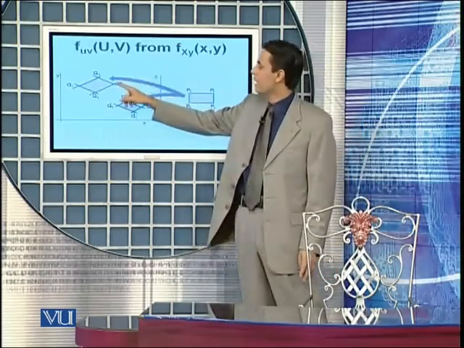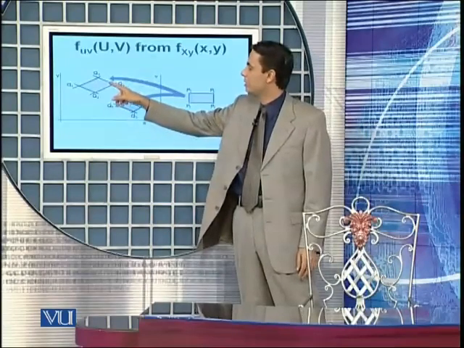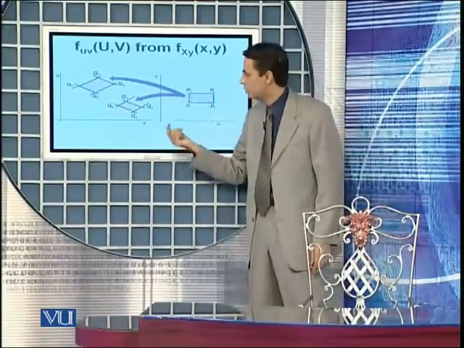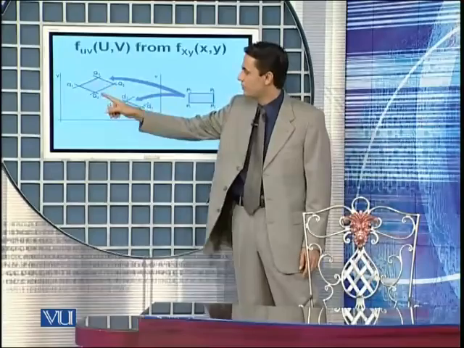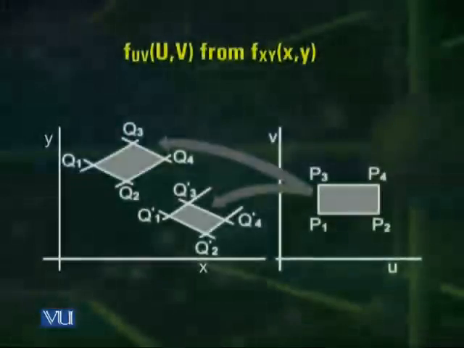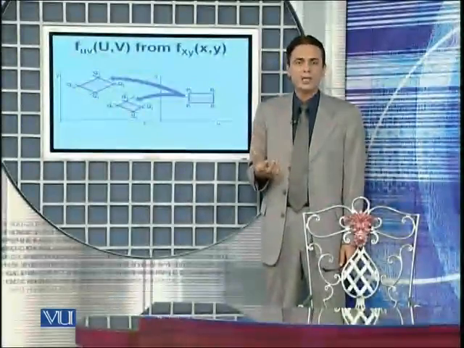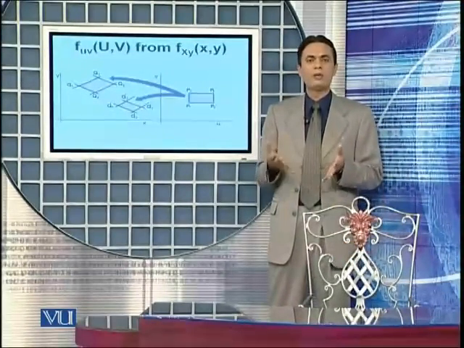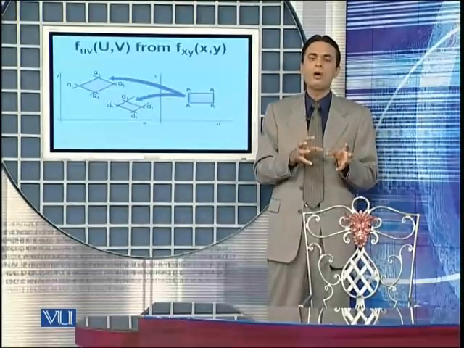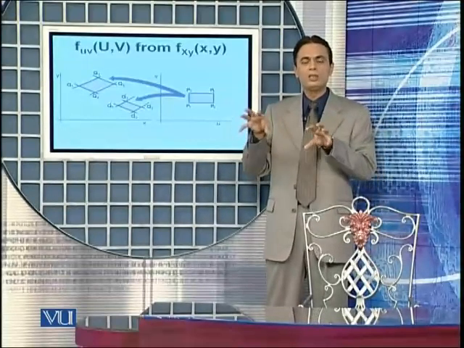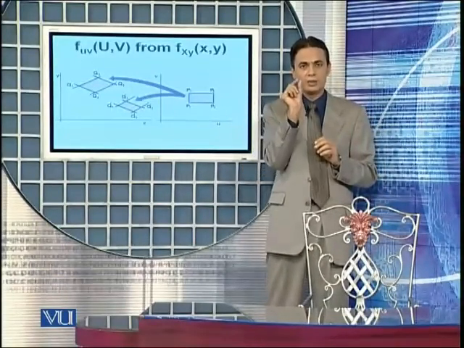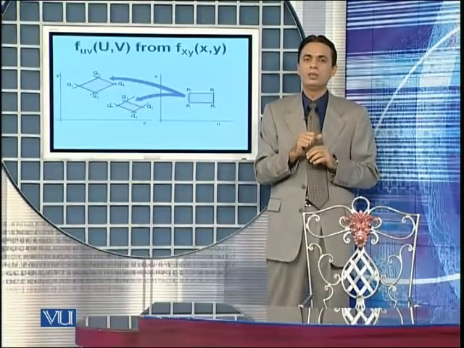And the inversely mapped parallelogram shaped regions, this and this, also have small dimensions, and it can be assumed that the joint PDF of X and Y remains almost flat over these two regions. With these assumptions, we can easily find the joint PDF of U and V from the joint PDF of X and Y and the sum of Jacobians of the two regions in the XY plane which get mapped to a single, simple, small rectangular region on the UV plane.